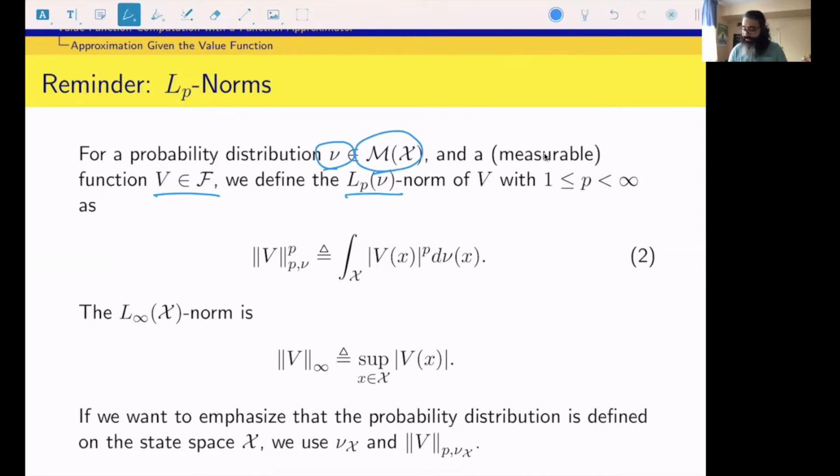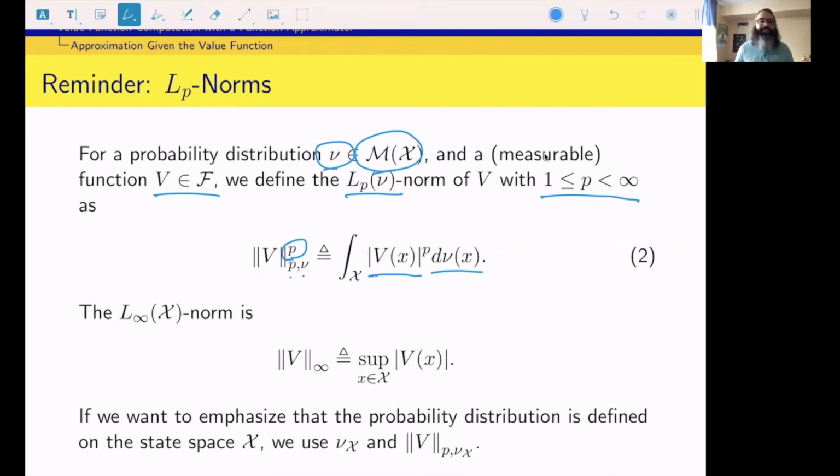Then the L^p norm of V, when p is between 1 and infinity, is defined this way. If p is smaller than infinity, so it's not infinity, it is defined as this expectation or integral: the L^p norm of V with respect to distribution nu, to the power of p here so that I have a simpler formulation, would be the integral of |V(x)| to the power of p, weighted according to that probability distribution nu.